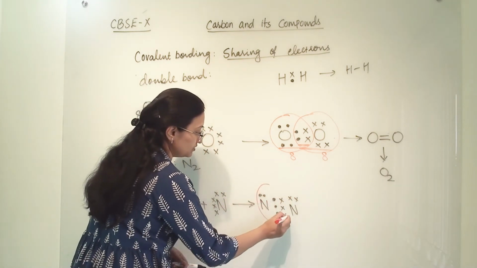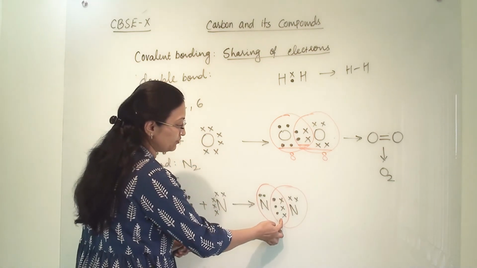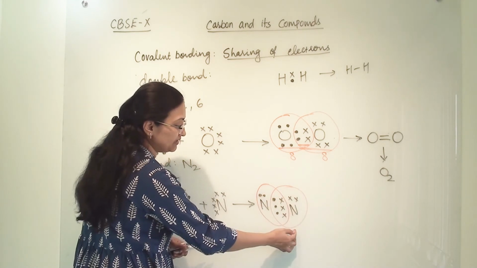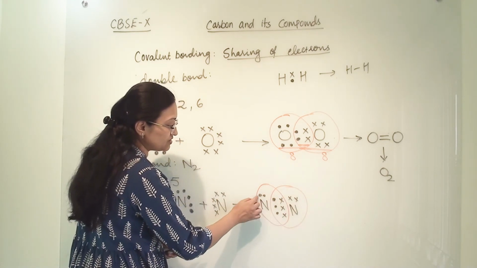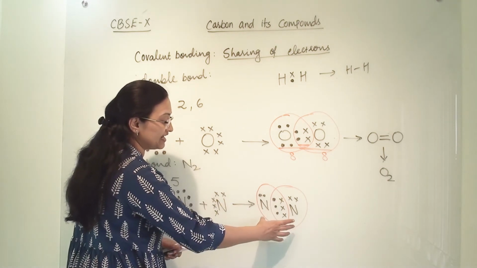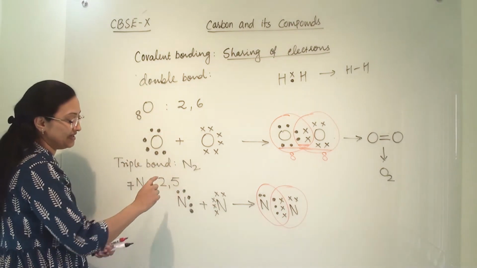Now this and this. Now we can see these 6 electrons and these 2 electrons. So this nitrogen's octet is completely filled. That means both have 8 electrons in the valence shell.